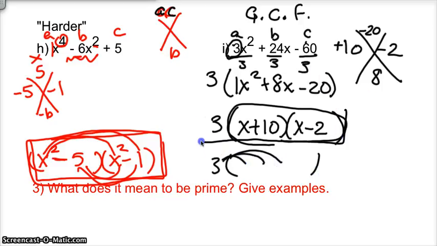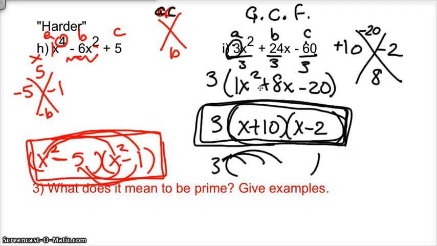So this entire thing are the factors that were multiplied together to give you 3x to the second plus 24x minus 60. Again, students will kind of ask, well, do I need to put the 3 here? Yes, because if you don't have the 3, then you're not going to get back to the original answer. If you leave off the 3, you're going to be left with this problem.